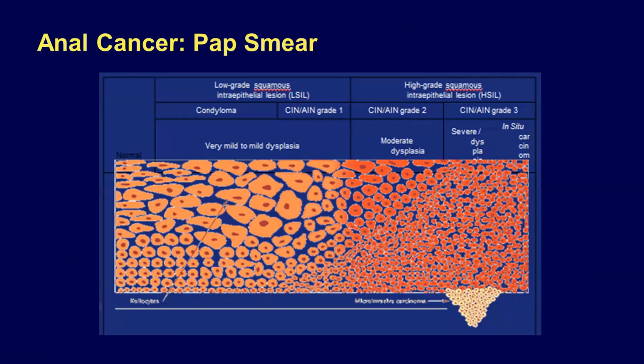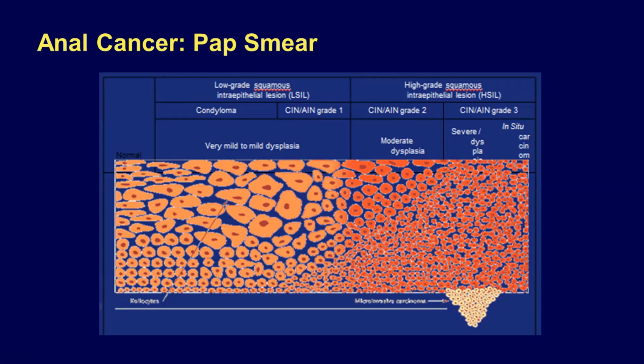Cervical and anal Pap smear has become a modality for screening for anal cancer. Here in this graphic, you can see cells that are affected with human papillomavirus. On the left of the graph, you can see that these cells have some changes. We call that low-grade squamous intraepithelial lesions, or low-grade to mild dysplasia.